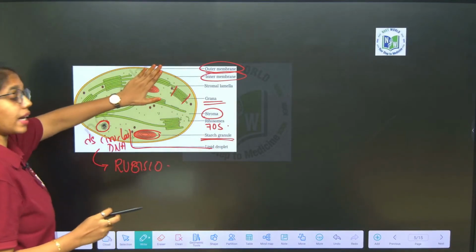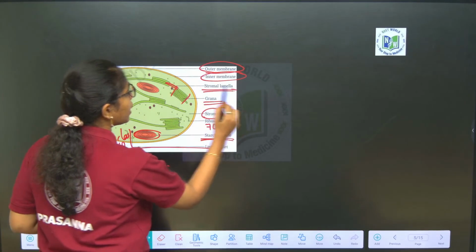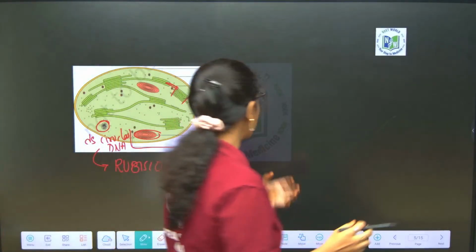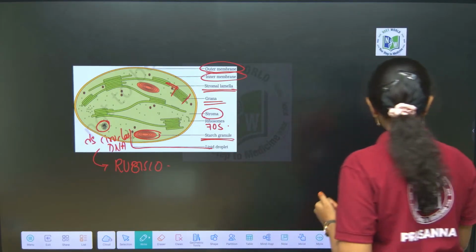One grana is connected to another grana by stroma lamellae. So now we have the complete idea regarding the chloroplast structure.